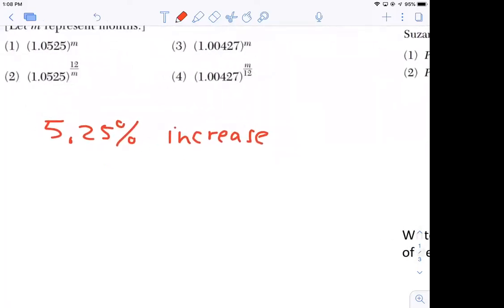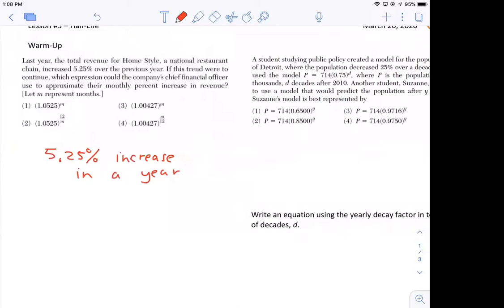And that is in a year. So what can we do to find a percent increase in a month? Why don't you guys type your answers in chat? What do you think you can use to get the monthly? Type in 1, 2, 3, or 4. 3 question mark.